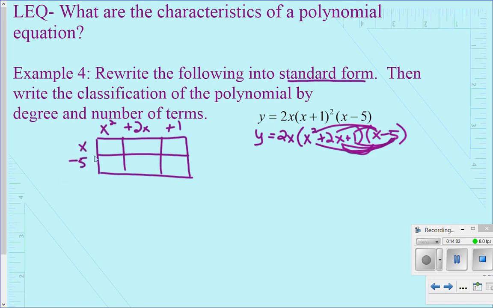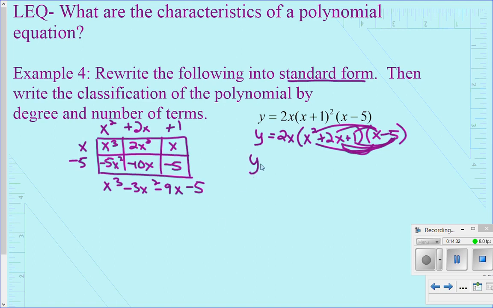So x times x squared is x cubed, 2x times x is 2x squared, 1 times x is 1x, negative 5 times x squared is negative 5x squared, negative 5 times 2x is negative 10x, and negative 5 times 1 is negative 5. So combining like terms, I have x cubed, negative 5x squared and positive 2x squared is negative 3x squared. Negative 10x and x is negative 9x, and then a minus 5 on the end.